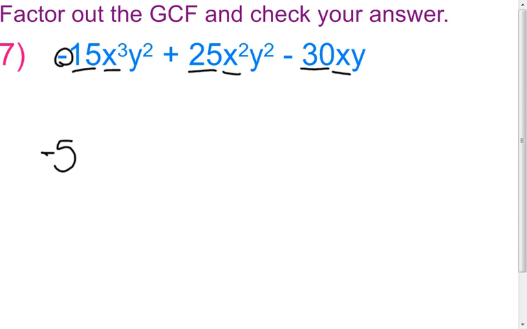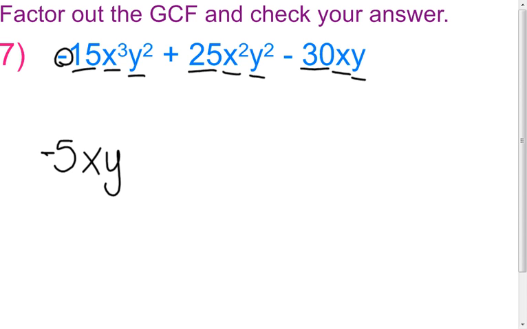So they all have at least 1x. Okay, so I'm going to use 1x from each one of those terms. Then if I look at my y's, I have y squared, and y. So they all have at least 1 y. They all share that, so I can pull that out of there. Okay, and then that's all I can do.